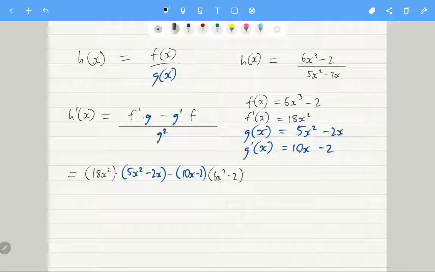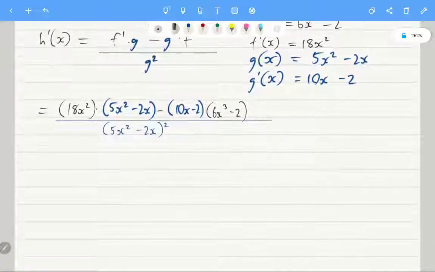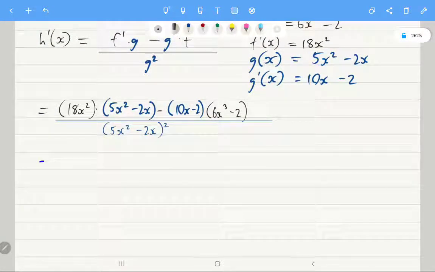I always forget to do the bottom. All over the bottom squared, which is going to be, in this case, g squared. Alrighty. So like before, we've got to expand our brackets, except we've got a few more brackets to expand this time.